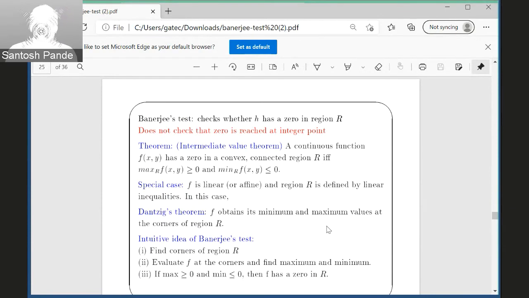Now, where do these particular values of max and min actually occur? That is given by another very interesting theorem by Dantzig, which says that the extremal values of these functions occur on the corners of the region, or on the vertices of the enclosing polyhedron, which is what we are interested in.